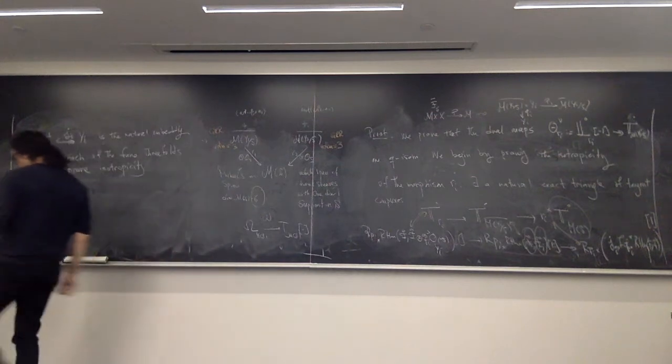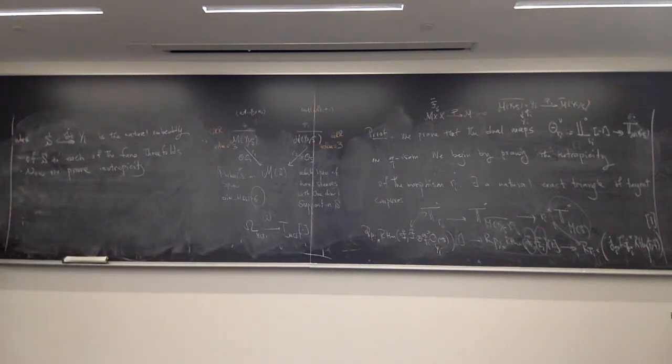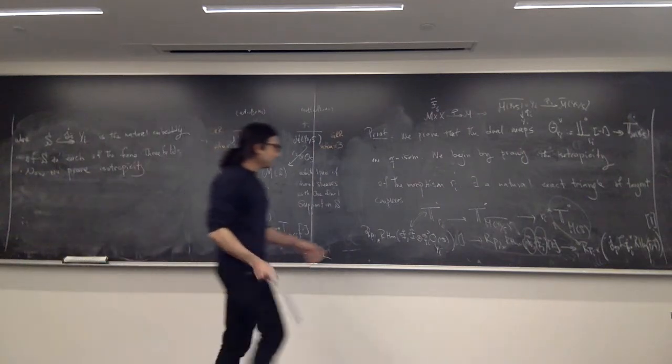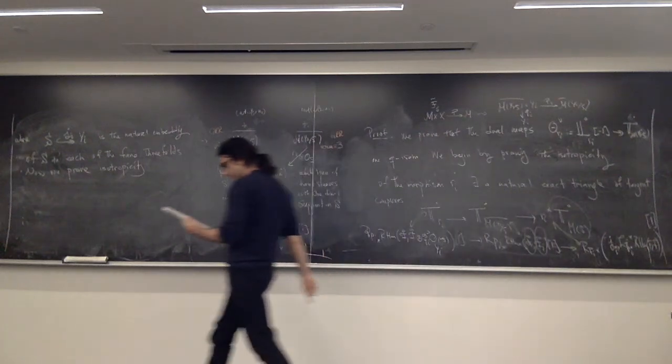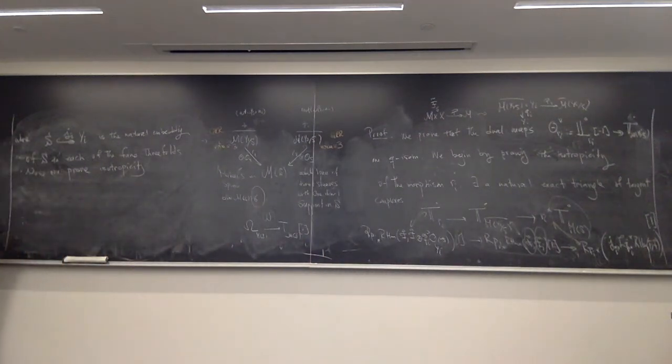Okay, so in order to see the isotropicity, now that I know what these things are, let me write down some exact triangle. So we have the following thing.